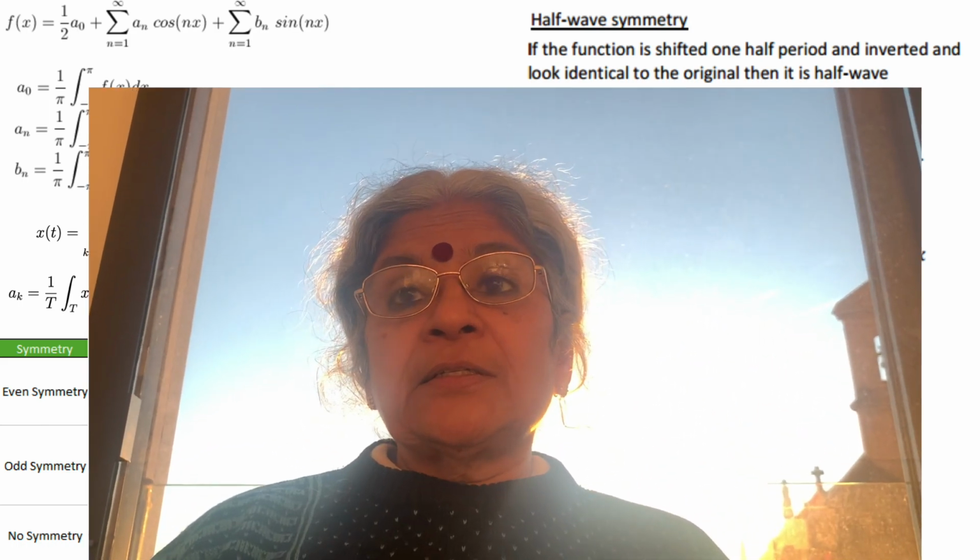In that case, there's a little more to be said, in the sense that it can have both odd and half-wave symmetry, or it can have even and half-wave symmetry. If one of them is the case, it depends upon what was mentioned earlier. Additionally, the coefficients associated with even k will disappear.